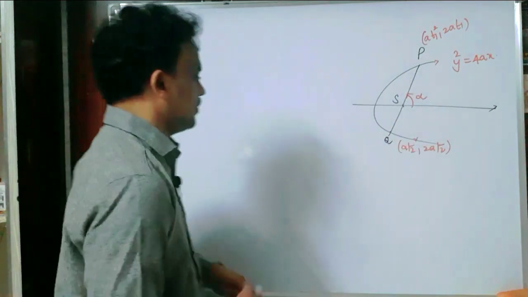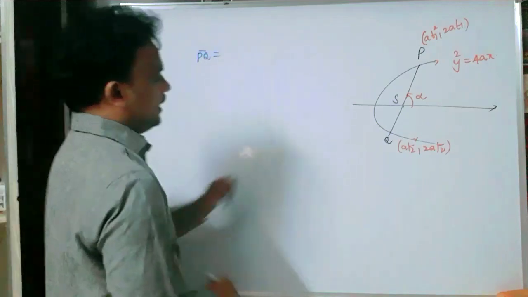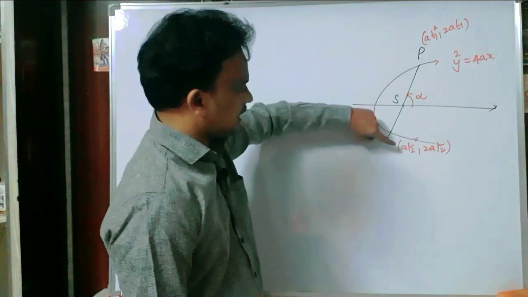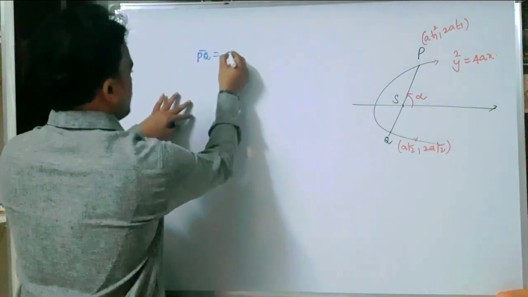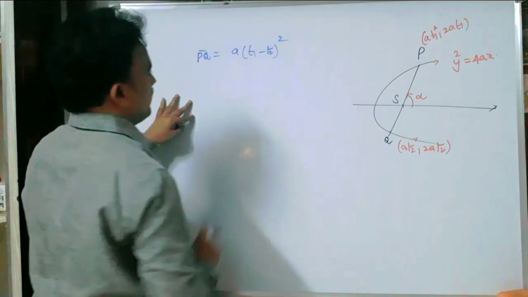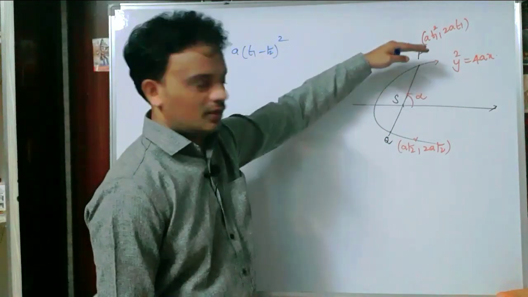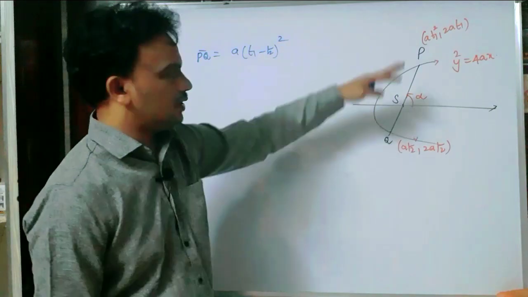What is the length of PQ? Square root of (x2 minus x1) whole square plus (y2 minus y1) whole square. Already we discussed this one. This we can get as a of (t1 minus t2) whole square. By simplifying this, the distance between the 2 points PQ is a of (t2 minus t1) whole square.